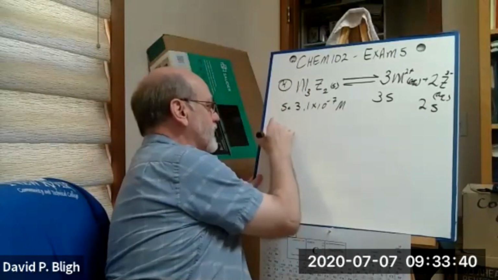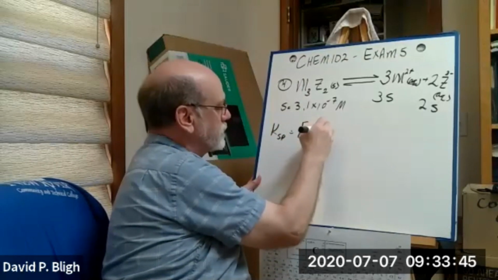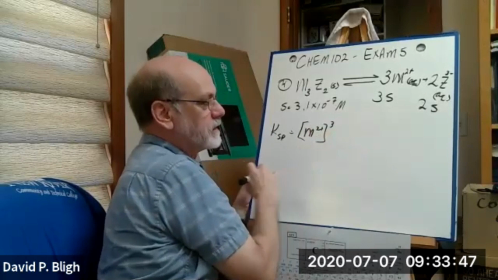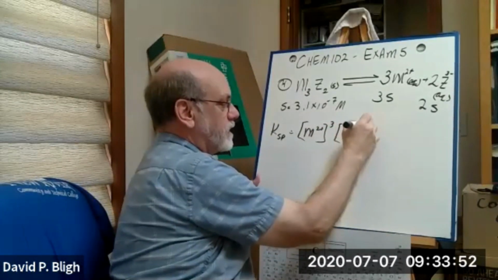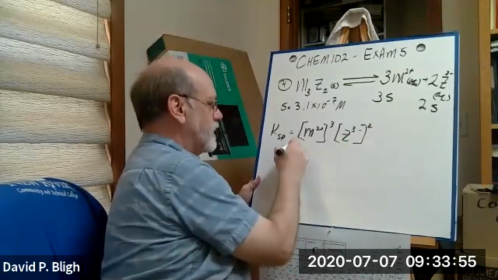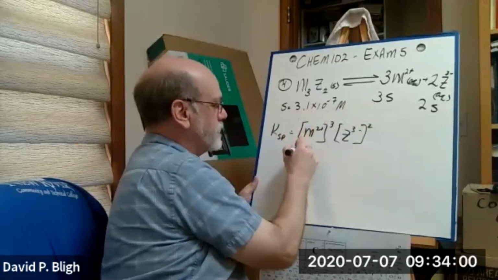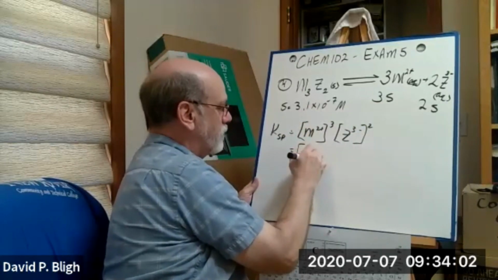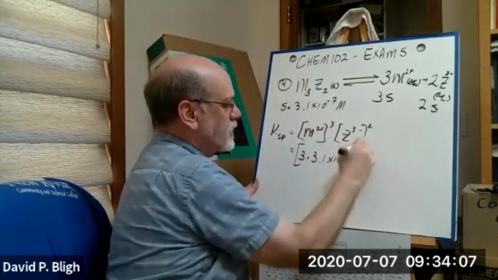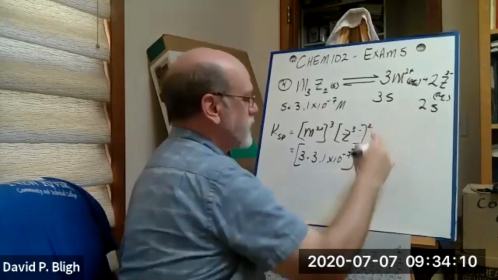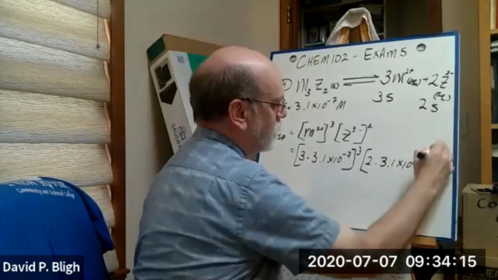So now we can say KSP is equal to this expression cubed times the anion squared, and then we just substitute in the values. 3 times this value cubed, and 2 times that value squared.